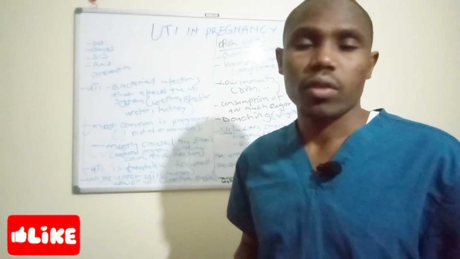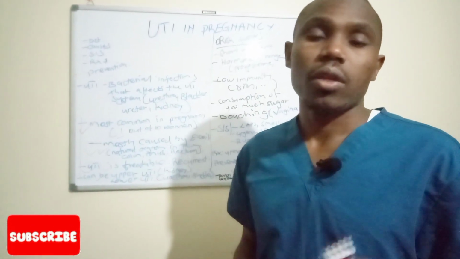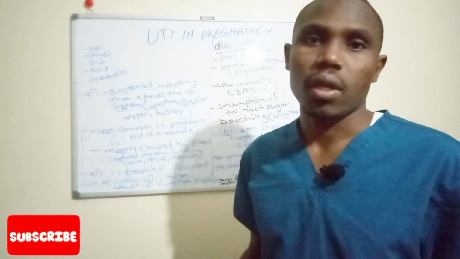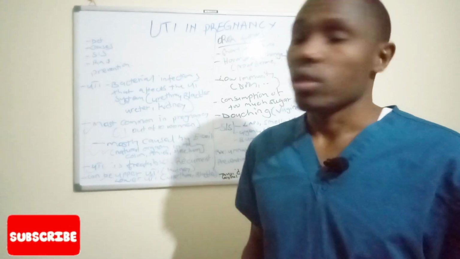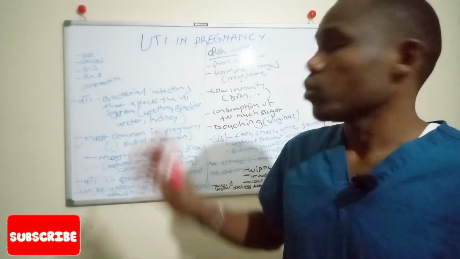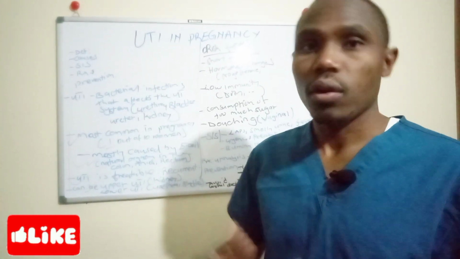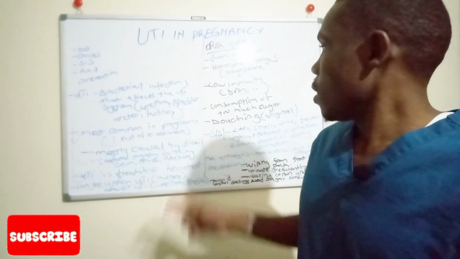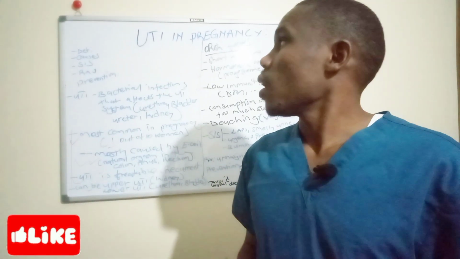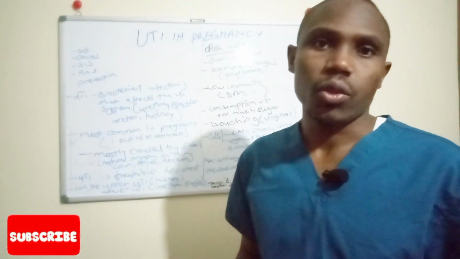Too much consumption of sugar may lead to the overgrowth of some yeast infections, hence the other bacteria, which is the normal flora, can also die, leading to this urinary tract infection and all other yeast infections. The other thing is vaginal douching. This is also a risk factor of this urinary tract infection.